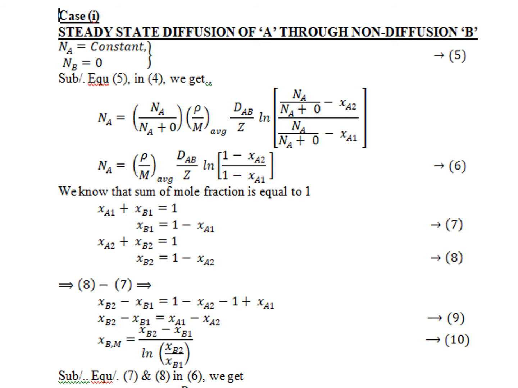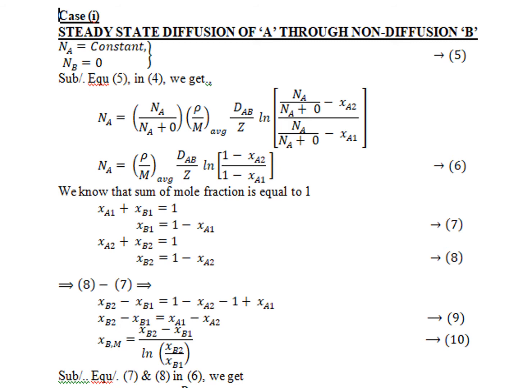In this case, we take two gases, one is capital A, another one is capital B. One gas is diffusing through another gas. The other gas is called a stagnant gas or stationary gas. In our case, capital A is a diffusing component, capital B is a non-diffusing component. Are you clear now? Yes.